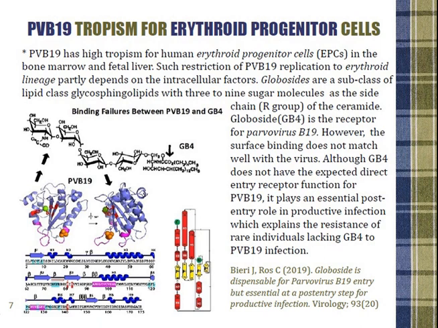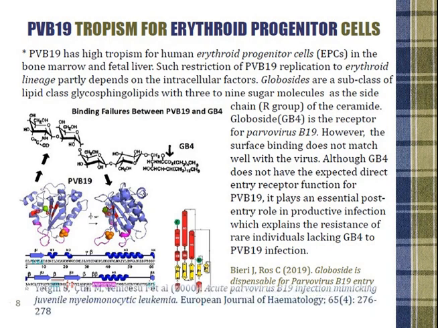Due to this structural mismatch, the surface binding does not go well between the receptor and the virus, and the latter is aborted. Thus, Gb4 does not provide the anticipated direct entry receptor function. Yet it plays an essential post-entry role, which explains the resistance of rare individuals lacking this receptor to parvovirus infection.